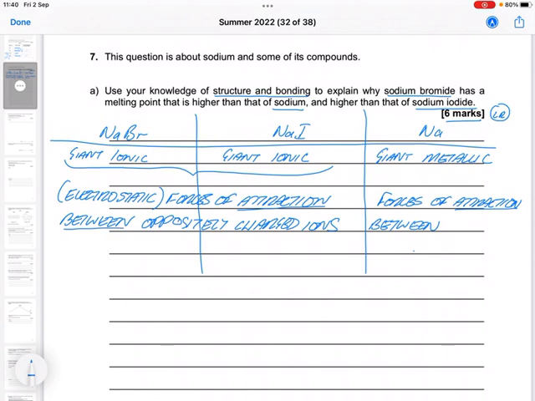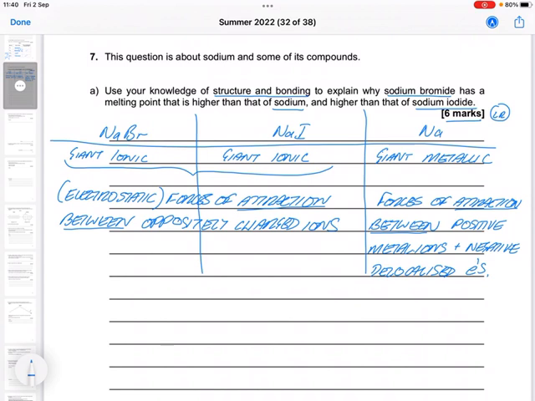So between, now this one is the positive metal ions and the negative delocalized electrons. Okay, so that's that bit done.